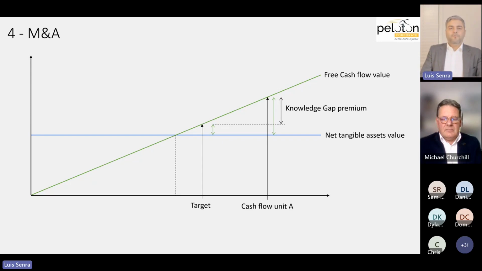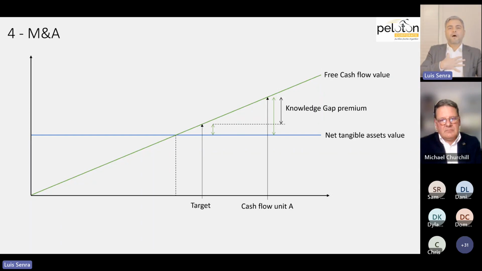A lot of people think about merger and acquisition and they believe, a lot of executive teams, a lot of CEOs, chairpersons, I think they want just to be on the front page of the Australian Financial Review, and they make an acquisition, a merger. This will create value just if you have this knowledge gap.